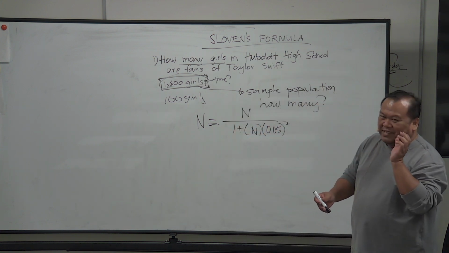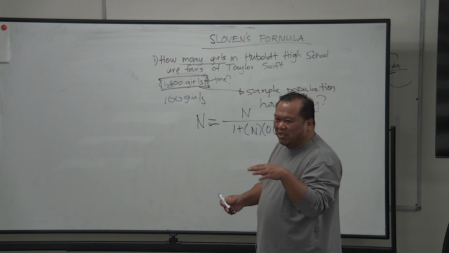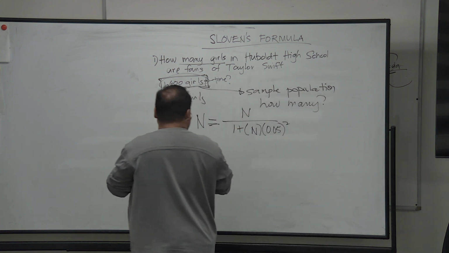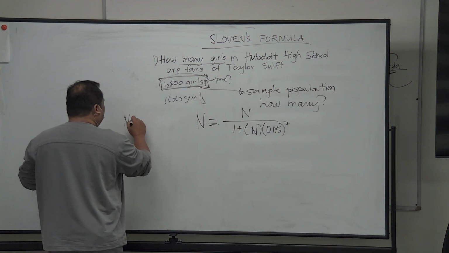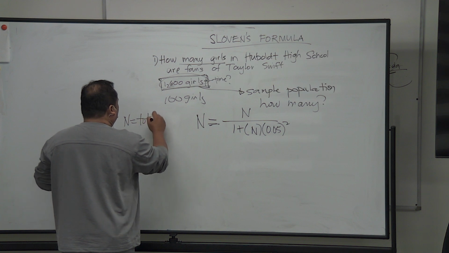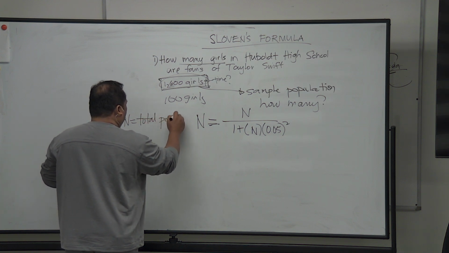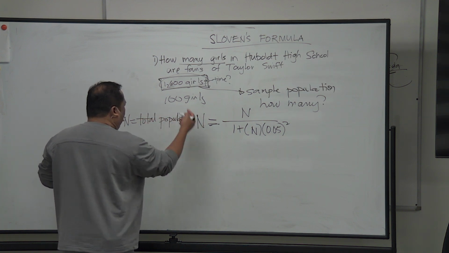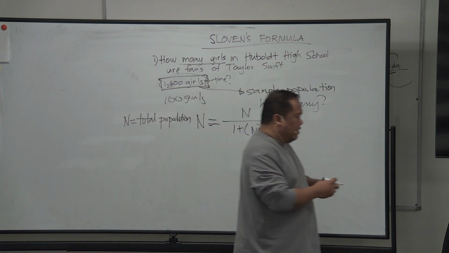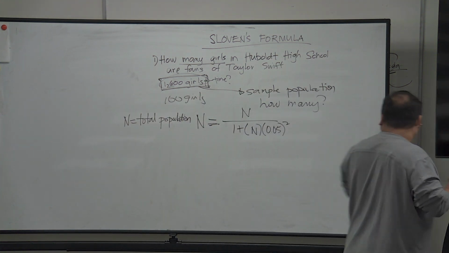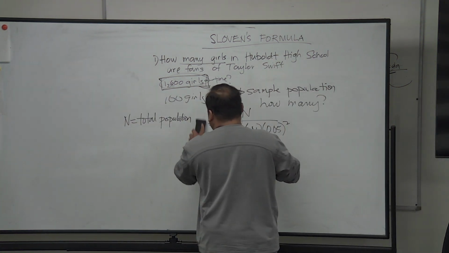What is this? You might be wondering what's the n and what's the 1 and what's the 0.05. N is your total population. Oh, let's change this one with a small n.